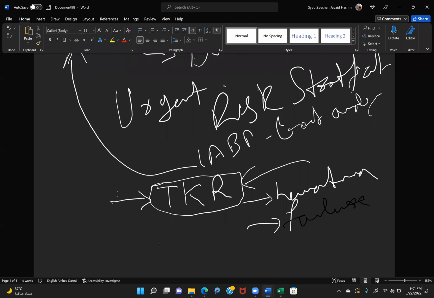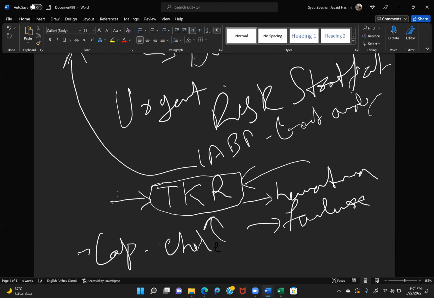If you have heard that a patient underwent TKR, but still patient is having pain, this is related with the unwanted surgical complications as well. Laparoscopic cholecystectomy, actually we use the word elective, but it is not elective. It is a planned surgery.